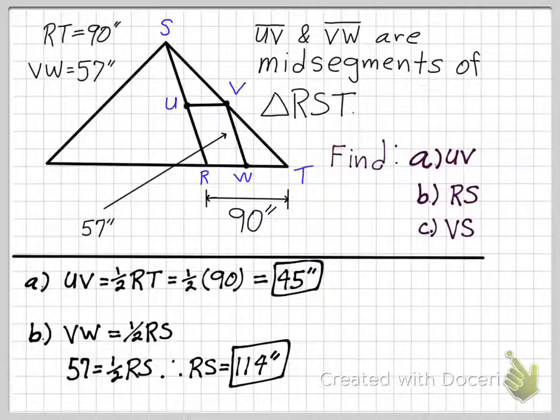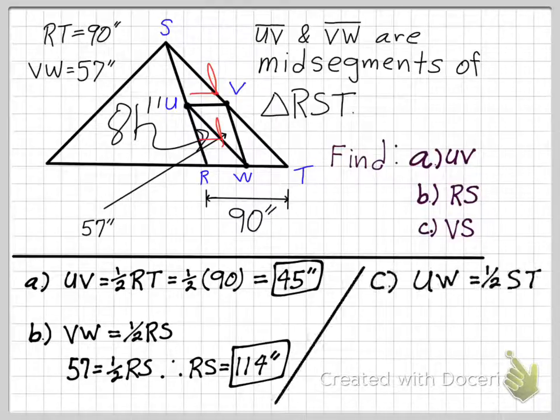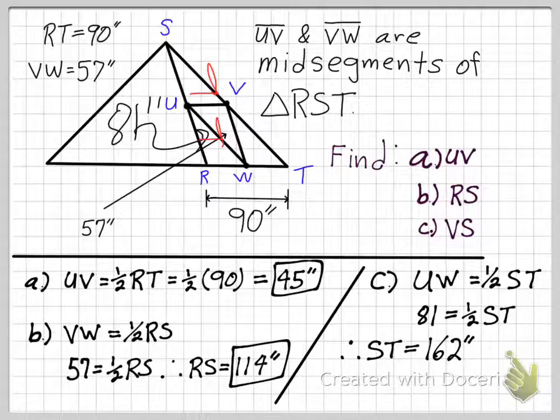Let's extend this problem. Let's say we also know that line segment UW is 81 inches. This mid-segment UW is parallel to the leg ST. So UW is 1/2 of ST, and UW is 81 inches, which is 1/2 of ST. Therefore, ST is 162 inches.